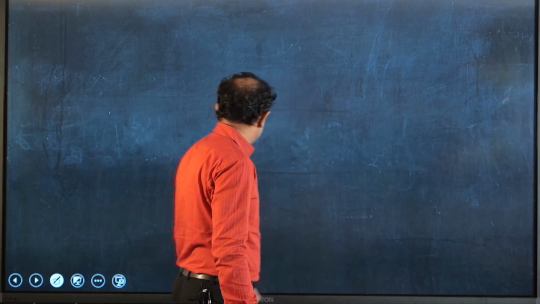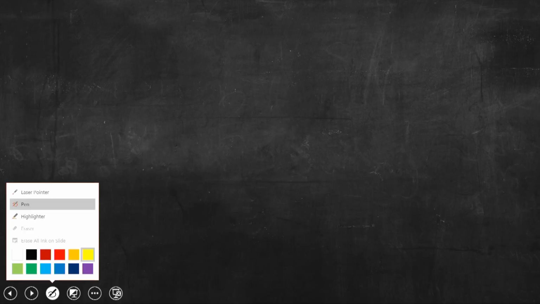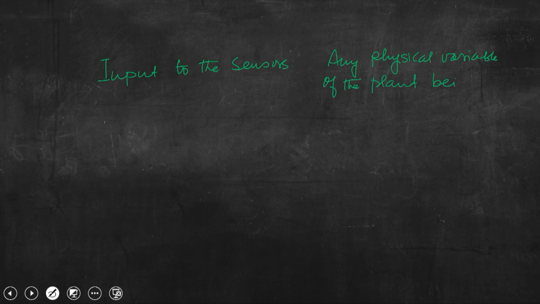So, let us now write: input to the sensors is any physical variable of the plant being controlled.